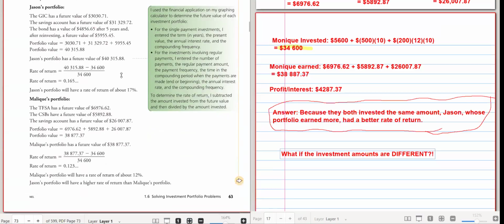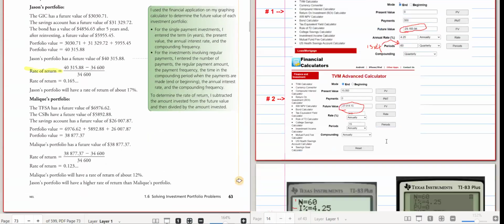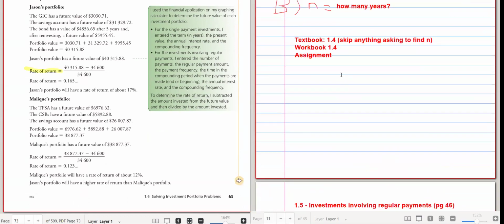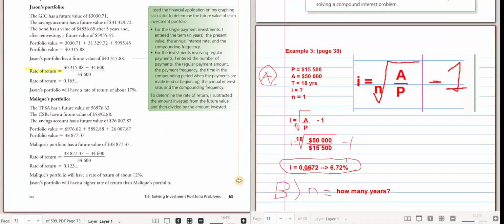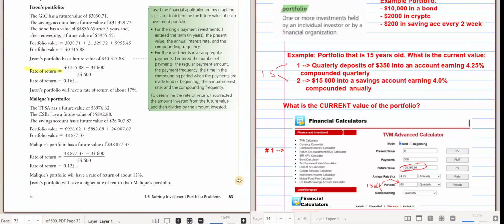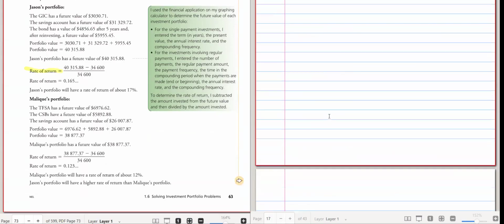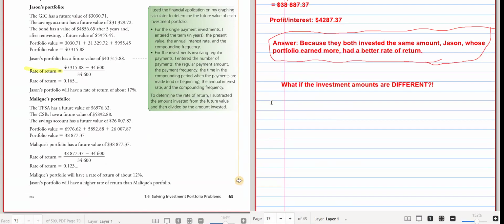Your textbook does a really good job of explaining this. Let me just scroll up on the right side. To compare investments, you use this, but generally speaking, how do you find the rate of return?